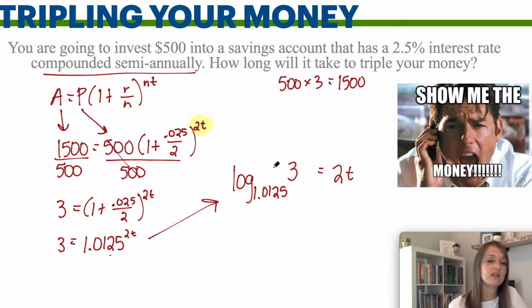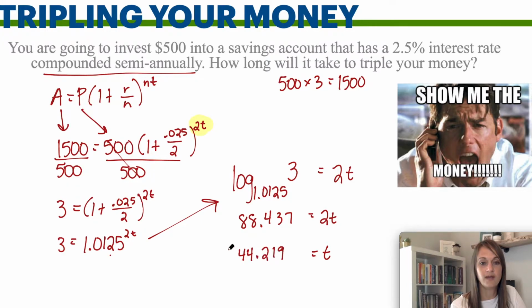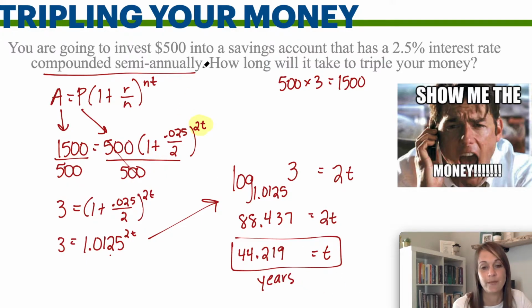So in the calculator, if I put this on the left-hand side, I will get 88.437. And then to solve for t, I got to divide both sides by 2, and I will get 44.219. And that is the number of years it will take to triple your money. So roughly a little over 44 years.